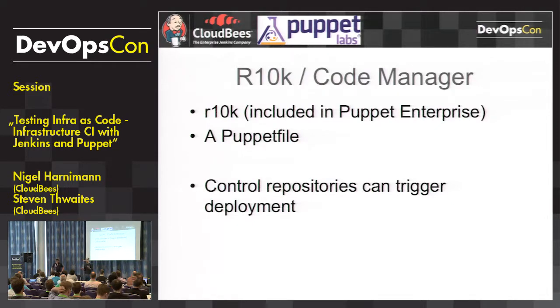So you may discard the master branch and instead have a branch called production, a branch called staging or QA, whatever you call it in your organization. And R10K will look at the branches available on the repository that controls the Puppet file, and then use that to populate your Puppet master with all of the environments it uses, all at the exact version that you specified in each branch of that Puppet file repository.